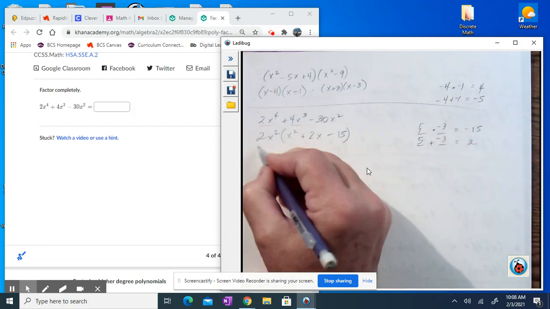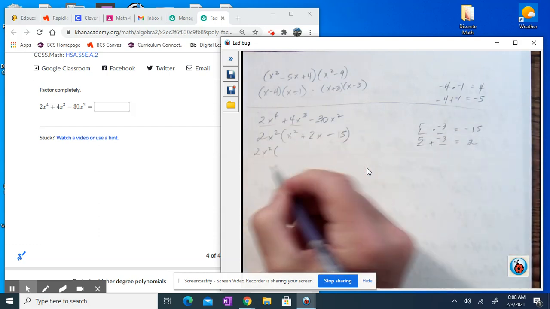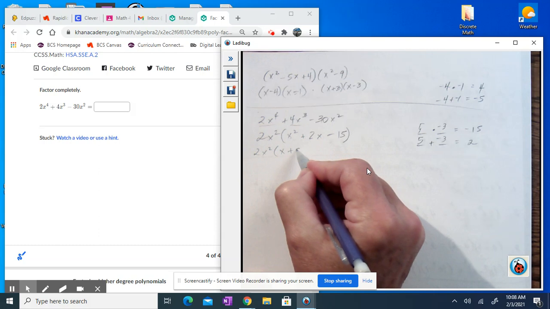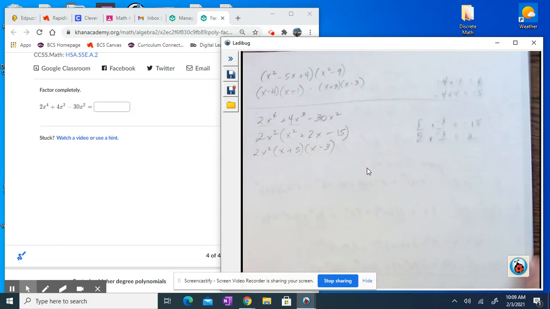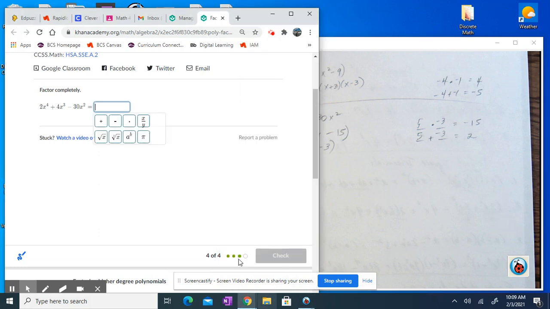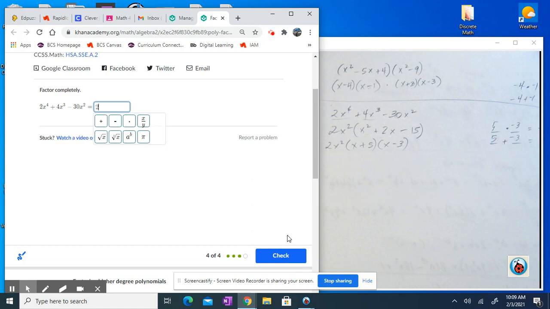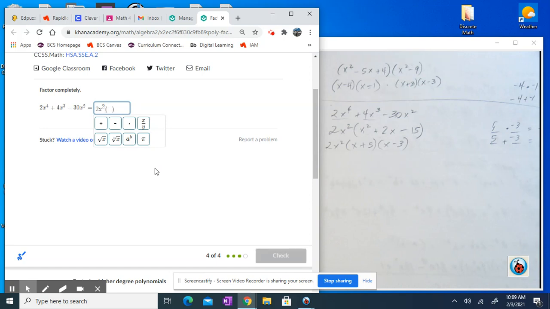So this factors to x plus 5 and x minus 3. So 2x squared times x plus 5, times x minus 3.